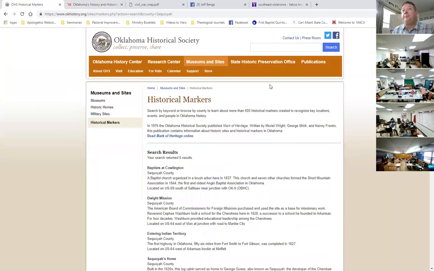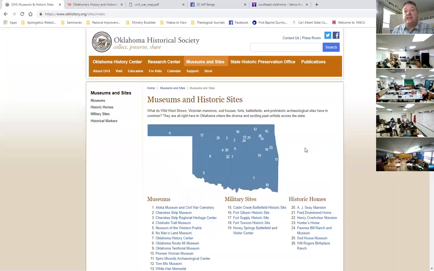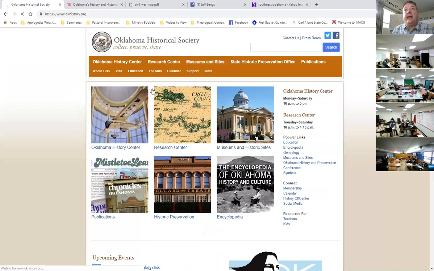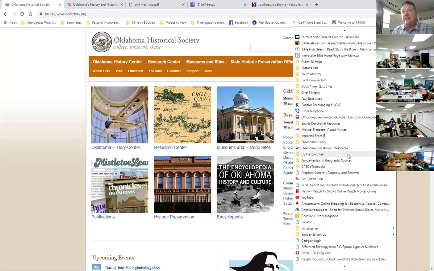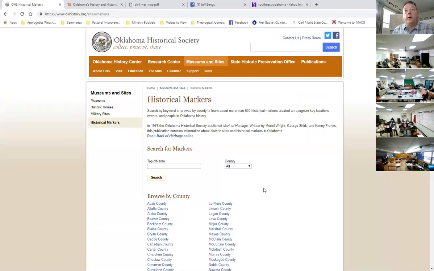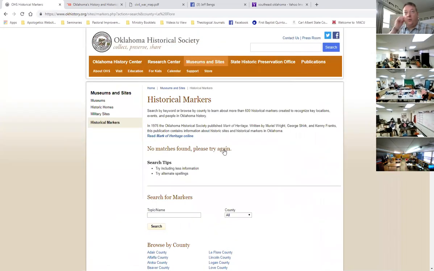Now, Arcoma, I don't know why, because I know there are sites in LeFlore County, but this website does not list any for LeFlore County, which is weird.